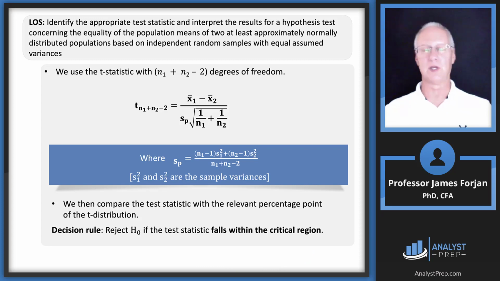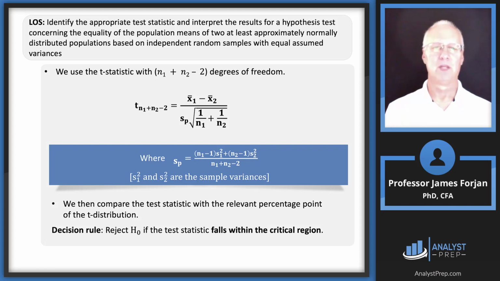How do we do this? We use our t-statistic. And since we have two samples, we have to have n minus 1 degrees of freedom here and n minus 1 degrees of freedom here with the two samples. So it's n1 and n2. So we say n1 plus n2 minus 1, so there's the minus 2 degrees of freedom.